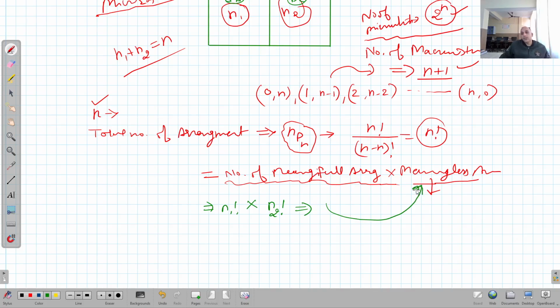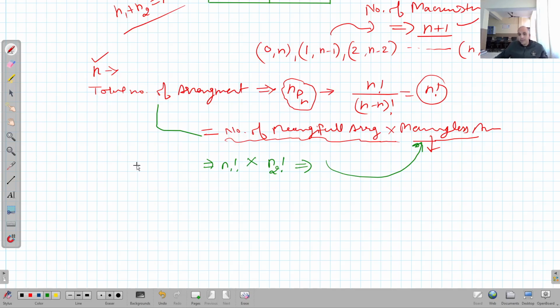Clear? Now, the total number of arrangements, as I have written here, is equal to the number of meaningful arrangements into the number of meaningless arrangements. It means n factorial is equal to the number of meaningful arrangements into n1 factorial into n2 factorial.